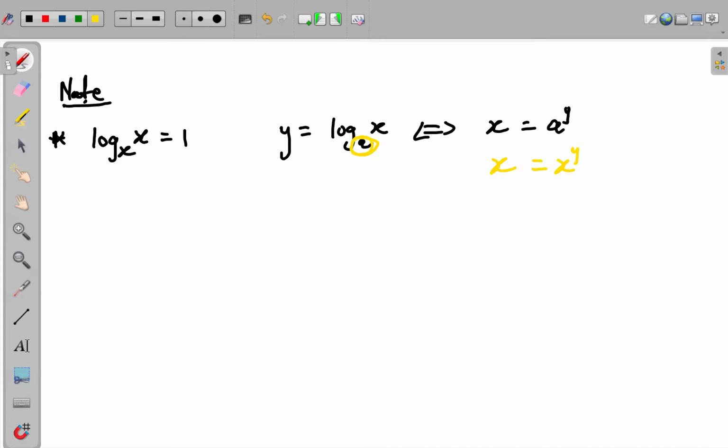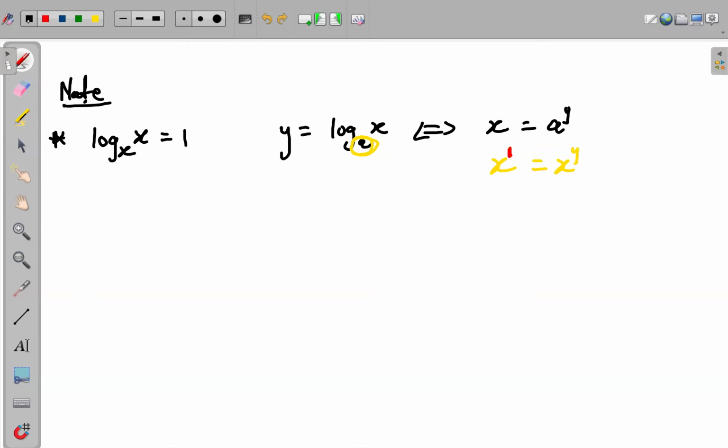Now, obviously, this is true if we take note of the fact that there is an invisible 1 there. So y must be 1. Hence we've got log x base x is equal to 1. That is very key to note.